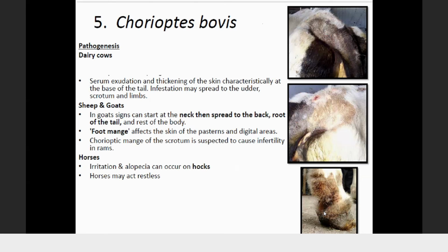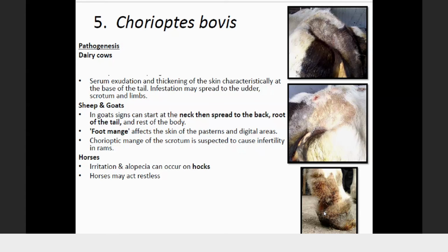And then we also have Chorioptes. Chorioptes is also a mite of ruminants. Here comes serious exudation and crusting of the skin, characteristically at the base of the hair.